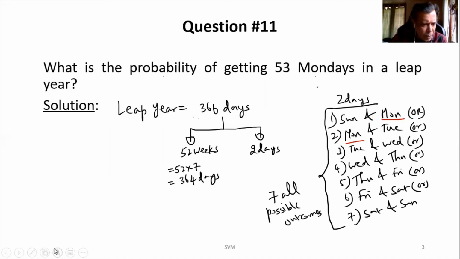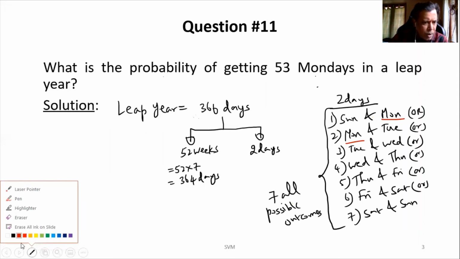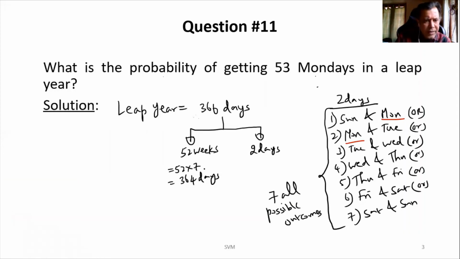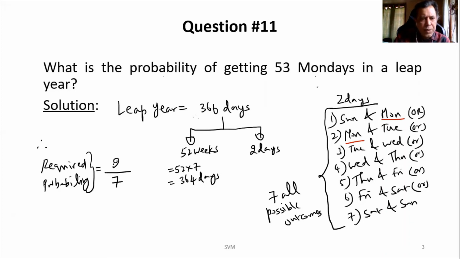That means there are only 2 possible favorable outcomes. So I can say here the required probability is equal to, all possible outcomes is 7 outcomes, favorable outcomes is 2 outcomes. That means the answer is 2 by 7.